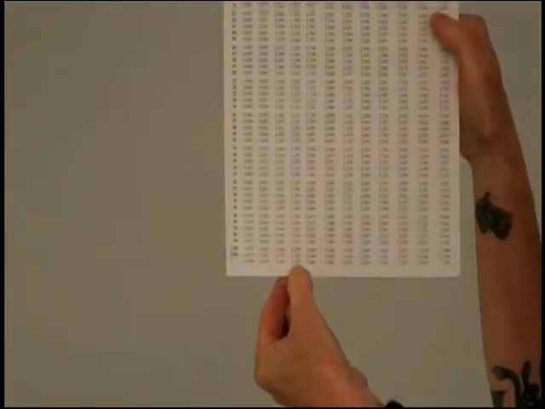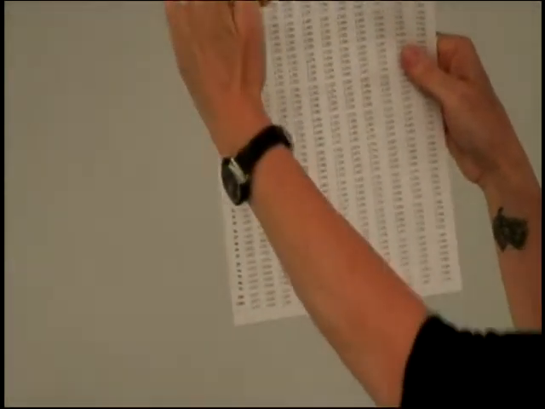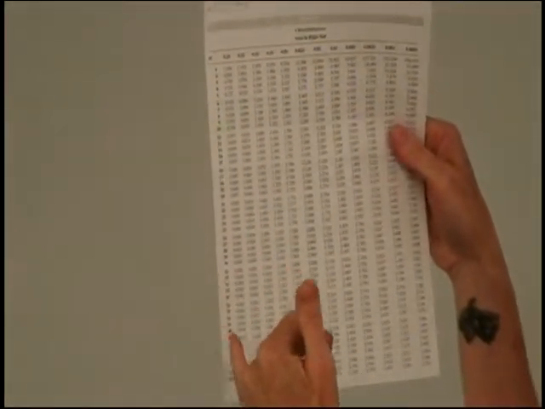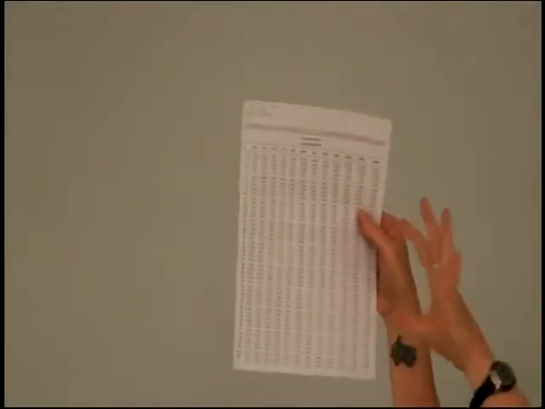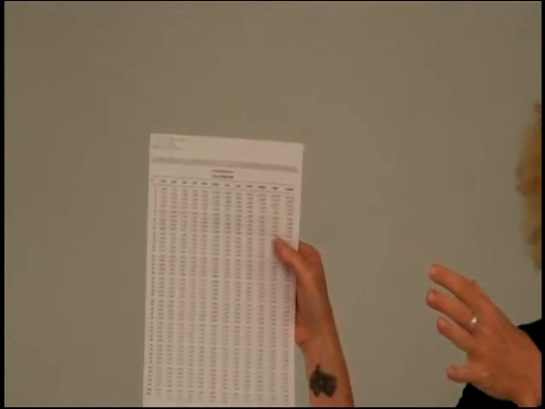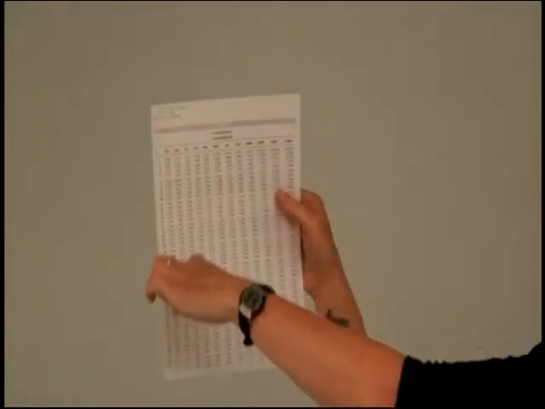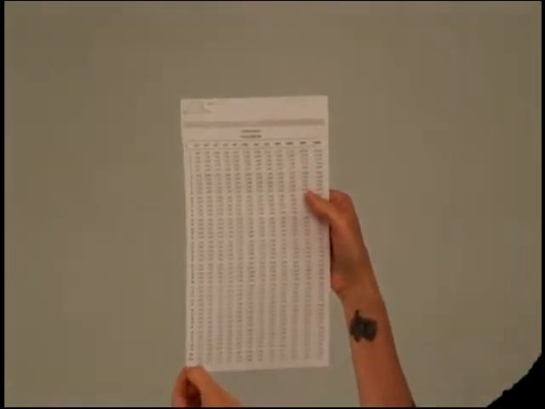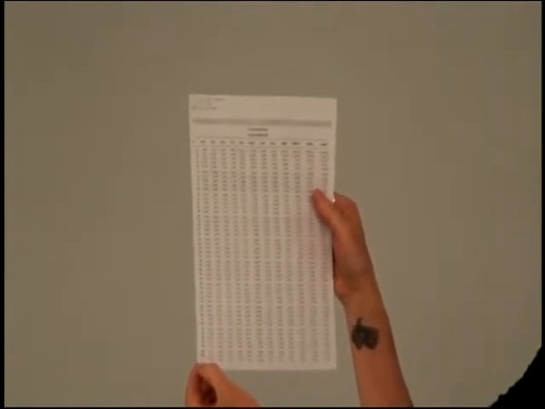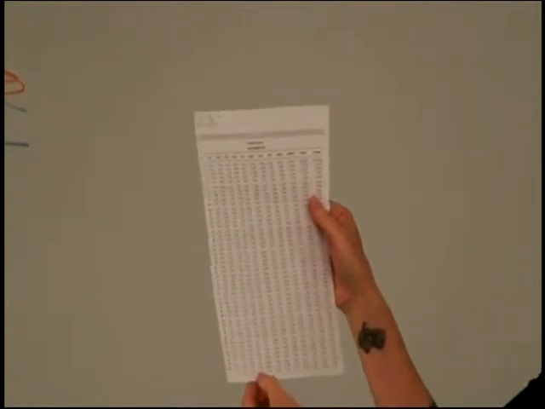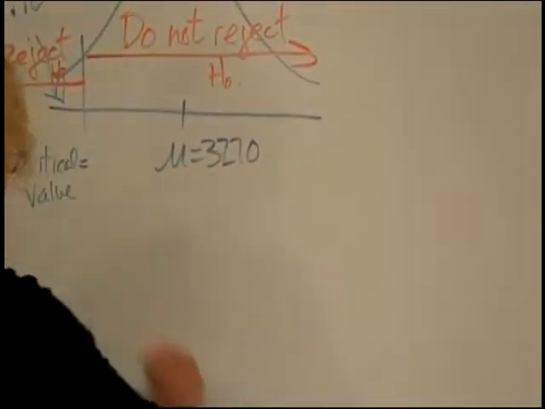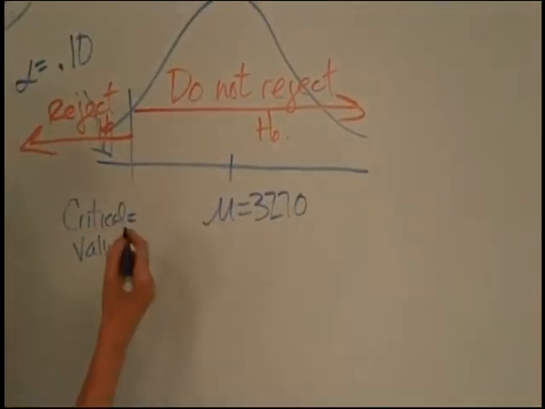Remember, each line of your t-table is a different t-distribution, and when the sample size gets really, really big, the t-distribution and the z are virtually indistinguishable. So as your sample size increases, you might as well just use z. So 10%, z-score, 1.282, and because it's on the left-hand side of the distribution, it gets a negative.